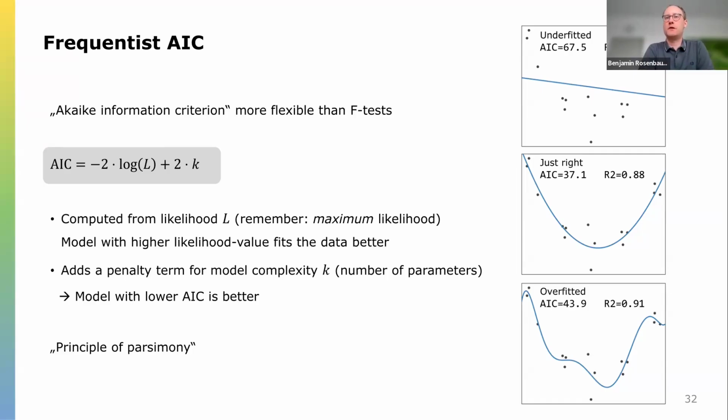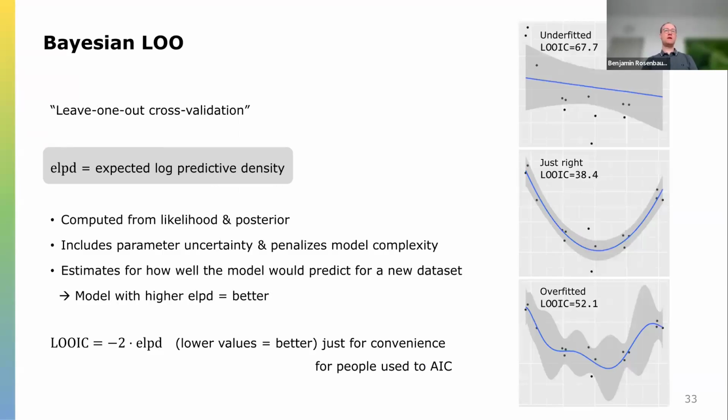So this is the preferred model. And this again is connected to the principle of parsimony. You should only include predictors if it increases the quality of the fit but does not add much to the complexity anymore. And this is reflected in the AIC value. And we have a similar measure in Bayesian statistics.